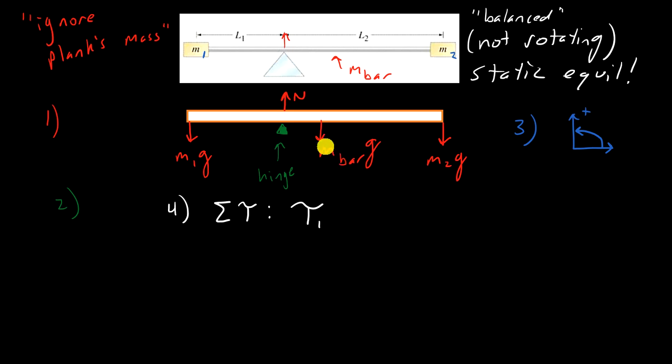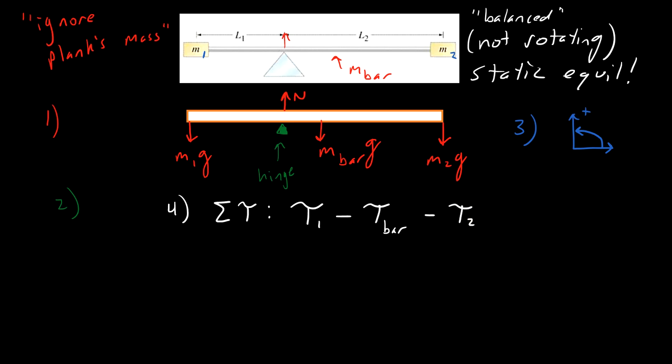This torque from the bar would make it rotate clockwise, that's minus. So minus the torque from the weight of the bar itself. There's also the torque from m2, and that would also make it rotate clockwise, which I call negative.